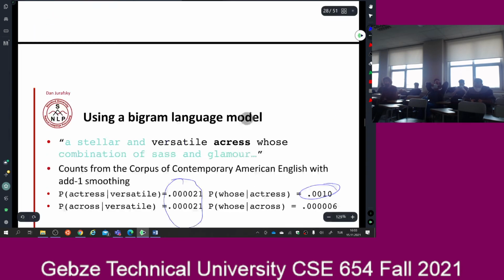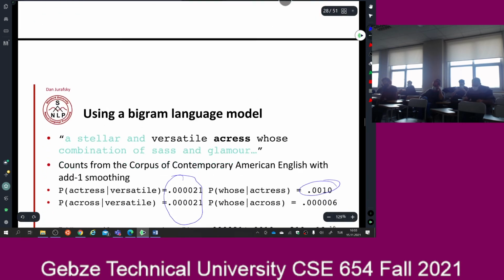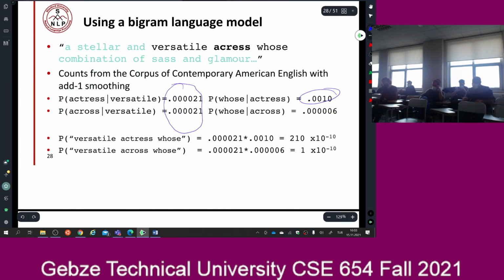So even though my unigram model chooses across because it happens a lot, versatile across doesn't happen much. So the bigram model says to choose actress, which is the correct one for this sentence, of course.